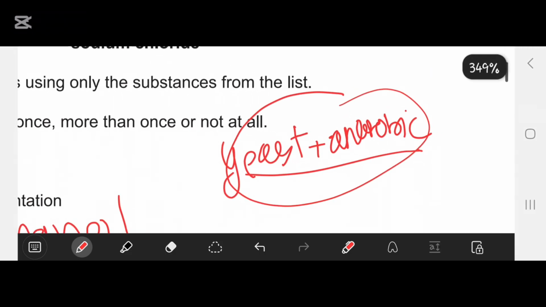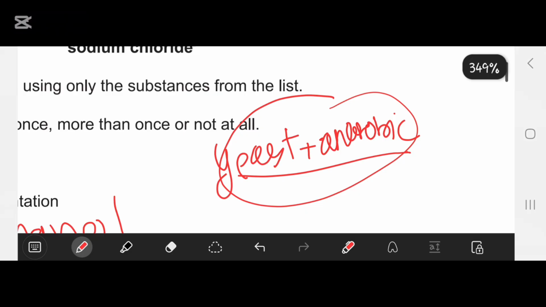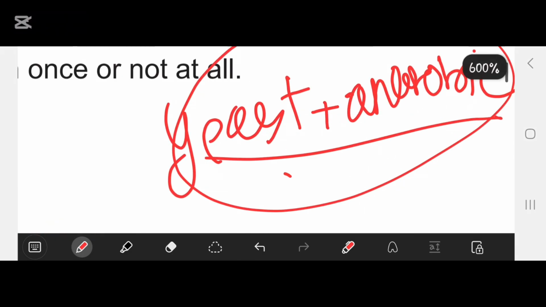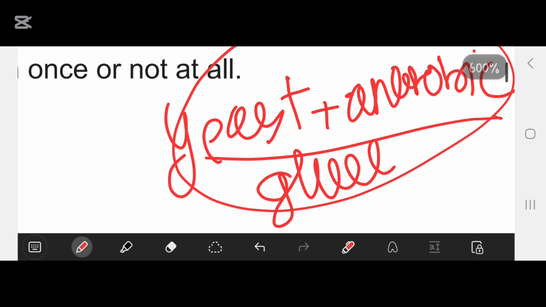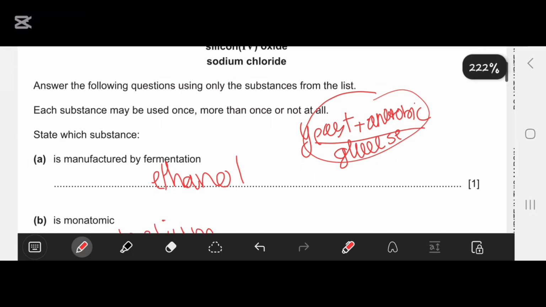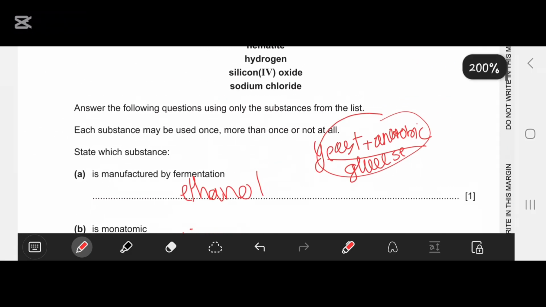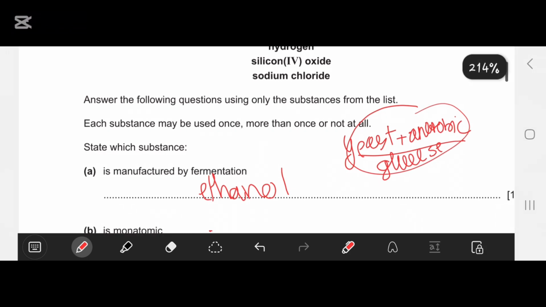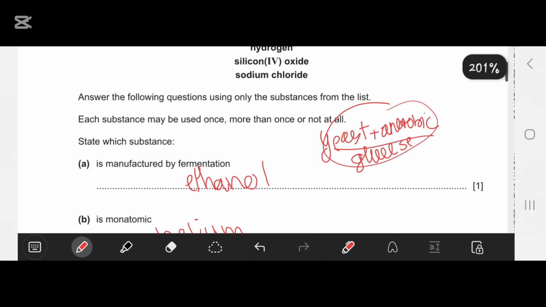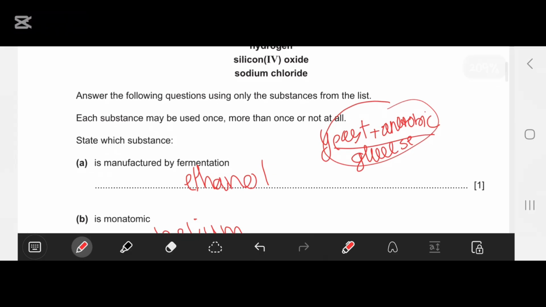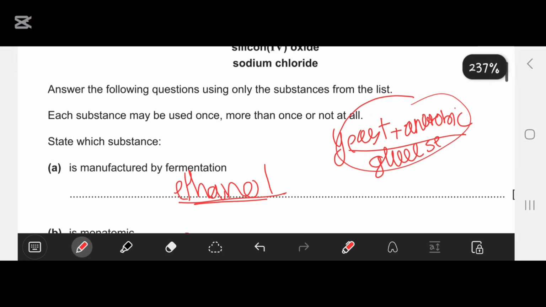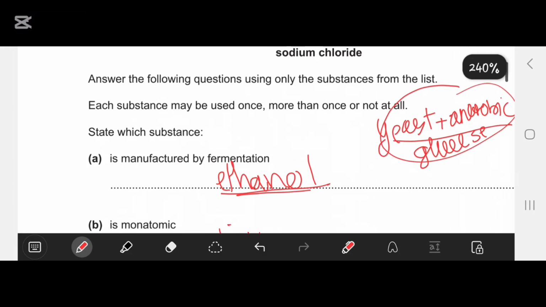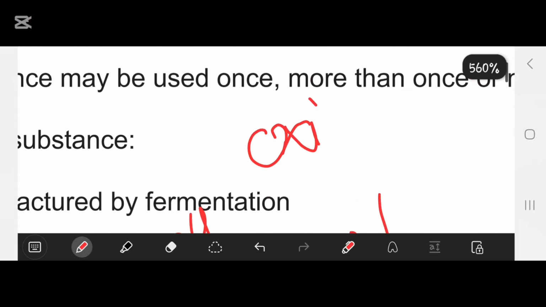We'll put yeast in the fermenter and we will have anaerobic reaction, which is the absence of oxygen with glucose, where the yeast will start producing by anaerobic respiration ethanol and carbon dioxide. Not to be confused with ethanoic acid, because ethanoic acid is also produced in the fermentation after oxidation happens.